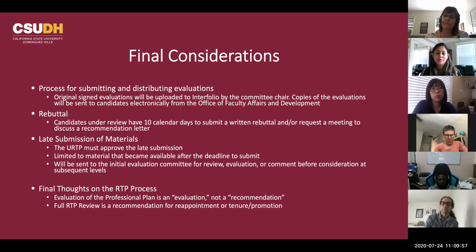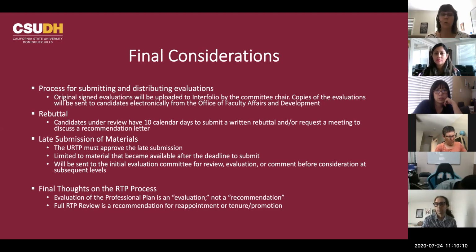Typically that happens when review levels, and again, this is about the recommendation, want to see more evidence in a particular area, or maybe two areas. What we've seen in the past is folks who submitted their files and maybe forgot to submit syllabi that they should have submitted.